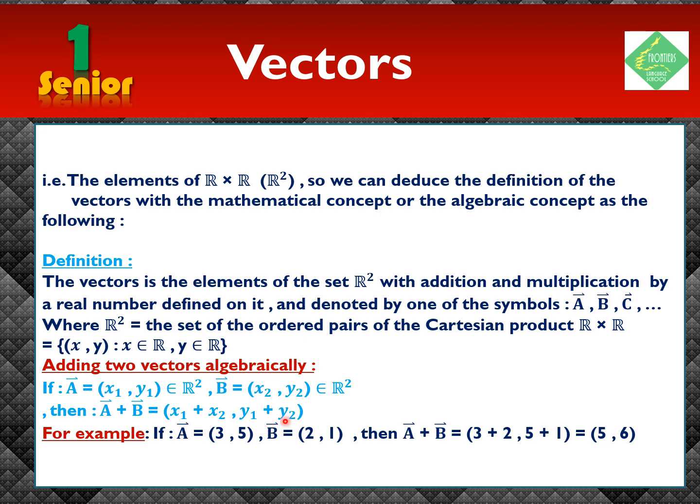For example, if a equals 3 and 5 and b equals 2 and 1, if you want to get a plus b, add x coordinates plus x coordinates: 3 plus 2 equals 5 in x coordinates, and 5 plus 1 in y coordinates will be 6. Like this, 5 and 6.